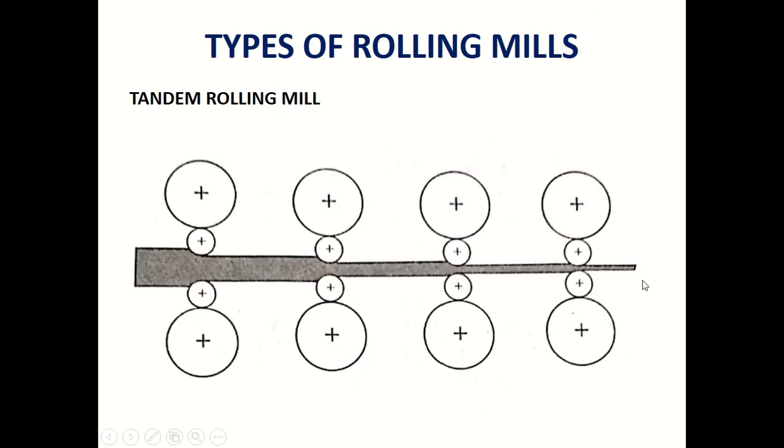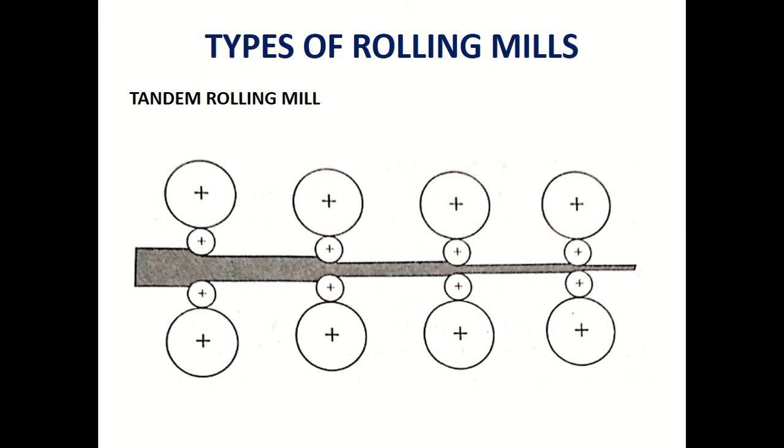Another important type is the tandem rolling mill. As you see in this diagram, we discussed the two-high, three-high, four-high and cluster rolling mills. In all the above rolling processes, a continuous pass of work material between the rollers is not possible, so this increases the manufacturing time.